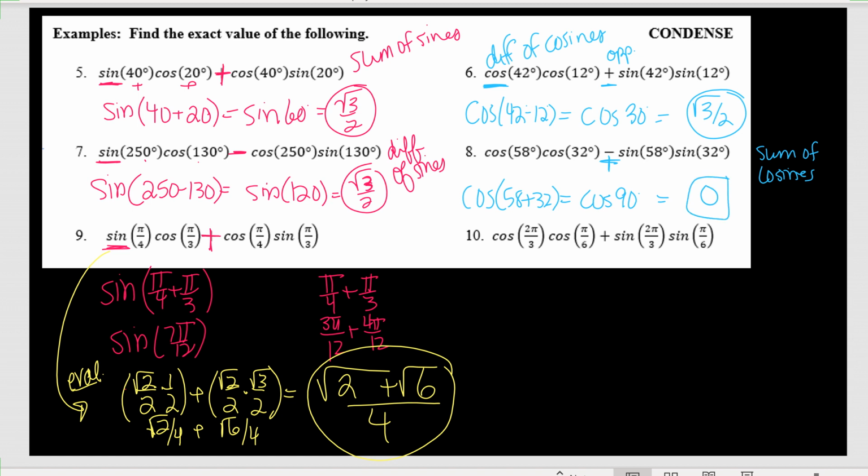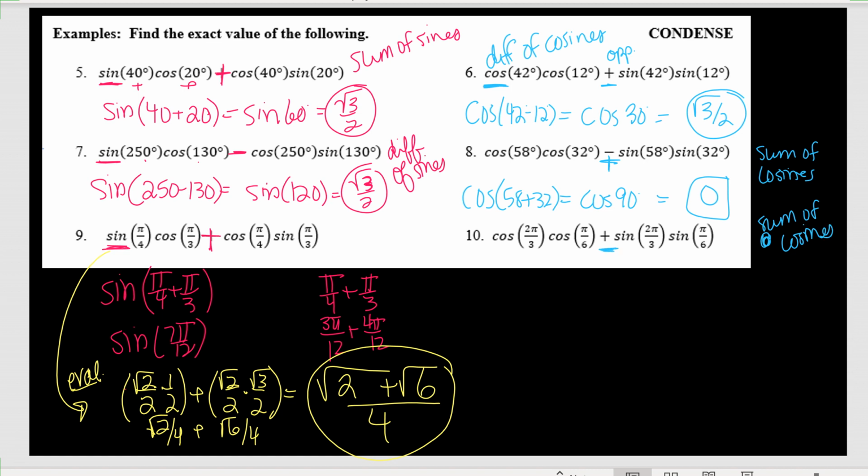Yay! Number 10, cosine of 2 pi over 3 cosine of pi over 6 plus sine of 2 pi over 3 sine of pi over 6. Again, this one is the sum of cosines, because we have to do the opposite of what the operator. Oh, excuse me.